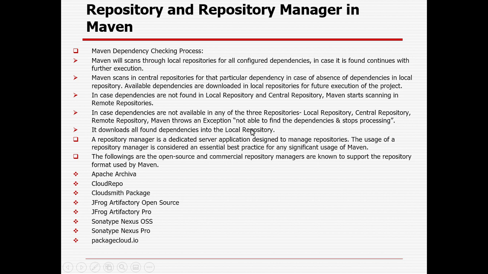So whatever it is downloading from your central or remote, it will download again. So the next time it will again go for the local, then central, and then remote. But in case it is getting something new in the central or the remote, it will download again in the local. So that's why it is used to create and maintain the updated version in the local repository.